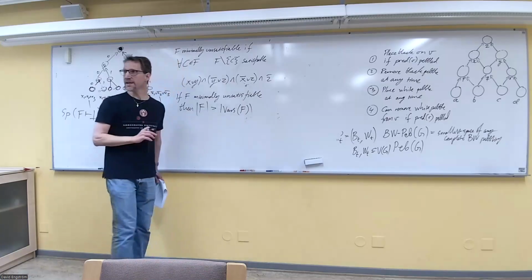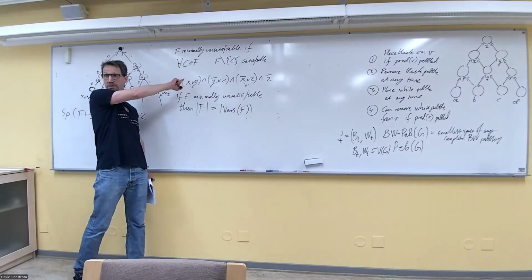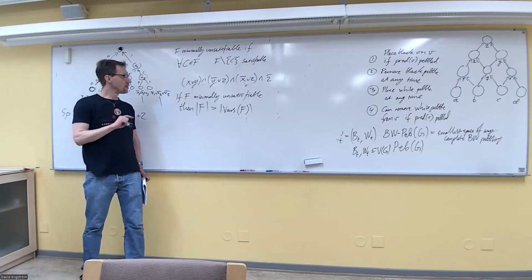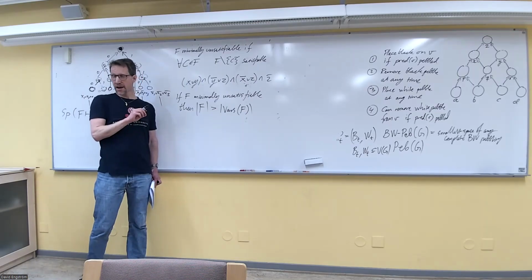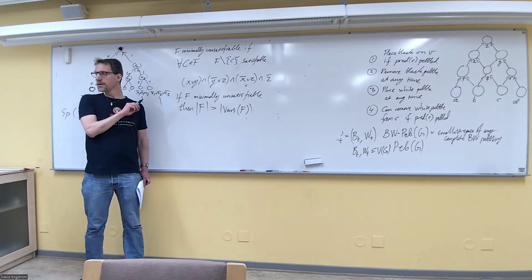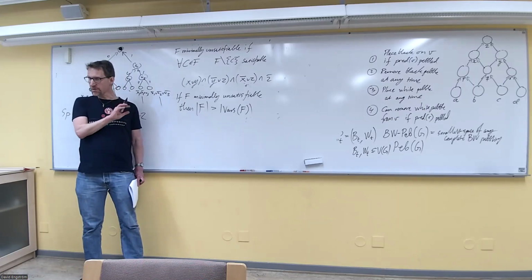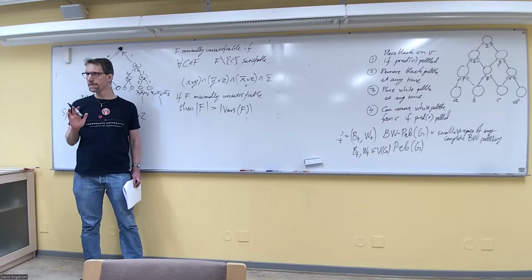It has to contain at least one more clause. This is tight, as you can see. We have 3 variables here and 4 clauses. For any n, you can get an unsatisfiable CNF formula over n variables with n plus 1 clauses. But there's no way n clauses can constrain n variables. Does the claim make sense?